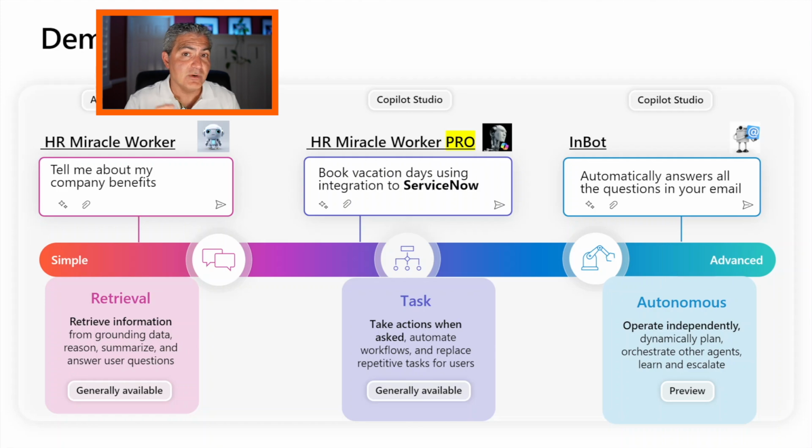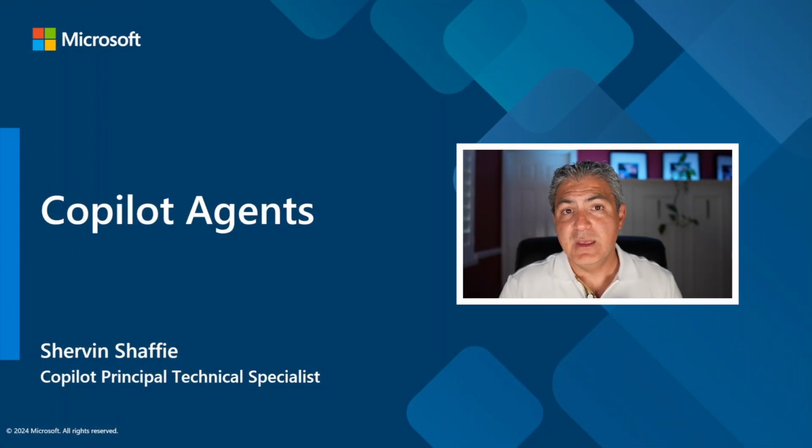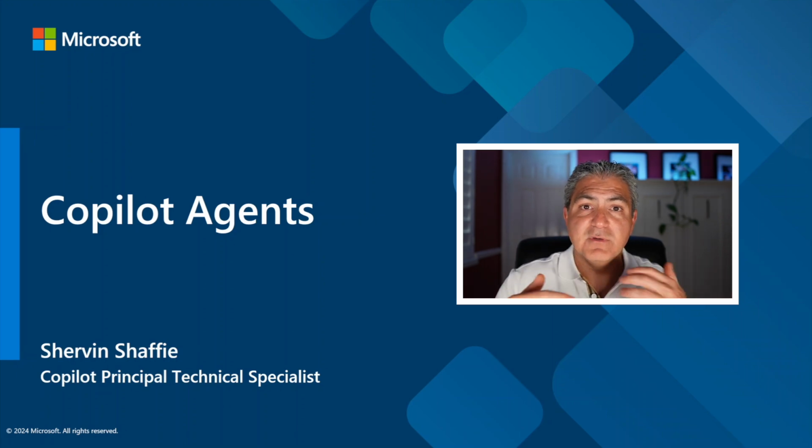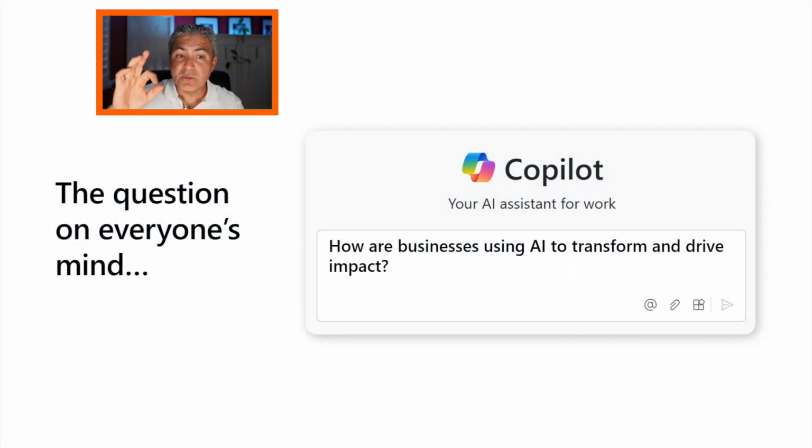But before we jump in to the demo, I wanted to do a level set because some of you might be new to Copilot agents and needed a little bit of a level set to kind of have all this stuff make sense. First, there's one question that is on everyone's mind, and that is, how are businesses using AI to transform and drive impact?